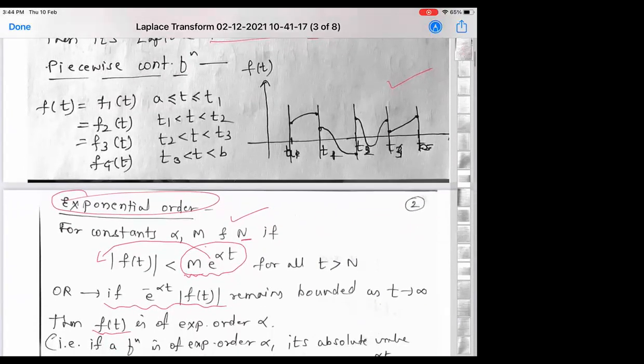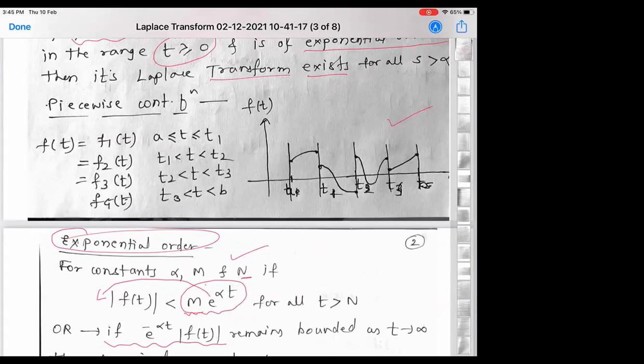Like here, this is a piecewise continuous expression. The values t1, t2, t3 and t4 are given on the t-axis. And how is it defined? The first interval is a to t1, where this is a and this is b. In a to t1 the function is defined as f1(t), which gives this graph.